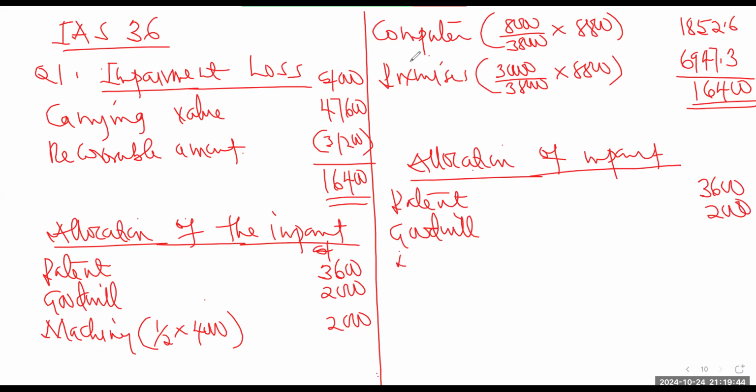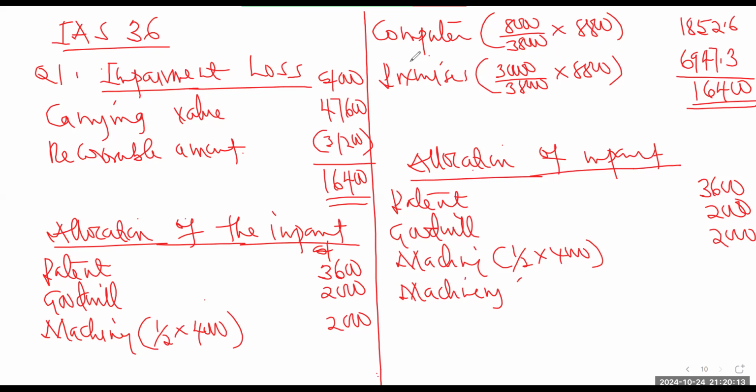Then you have machinery, we have 4,000. The 2,000 will go. But someone will still bring the machinery here as a 2,000, or he will say the 2,000 of the machinery has impaired already. That 2,000 is gone, is damaged, so it's gone. But the remaining 2,000 also, there is an impairment on them again.